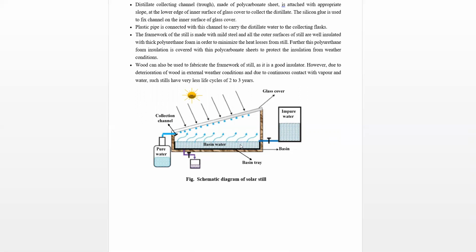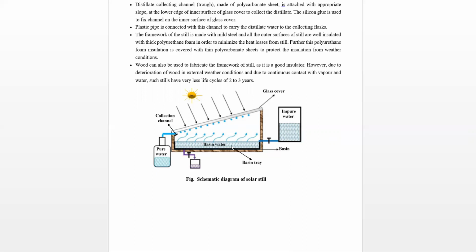At any temperature, the water particles from the free surface always have a tendency to escape from the surface into the free space, right? Now, the higher the temperature of this water, the higher the tendency of the particles lying on the surface to escape into the free space, right? So in the case of a solar still, the temperature does not reach 100 degrees centigrade.